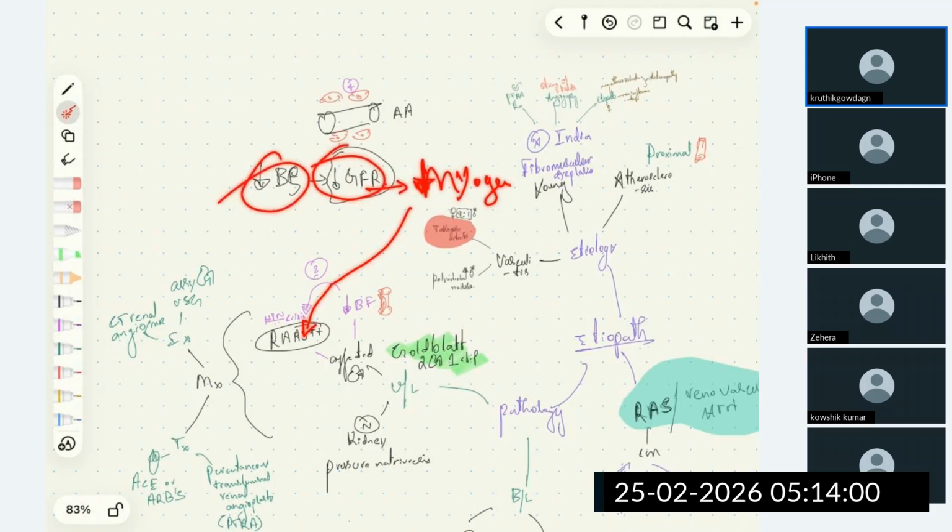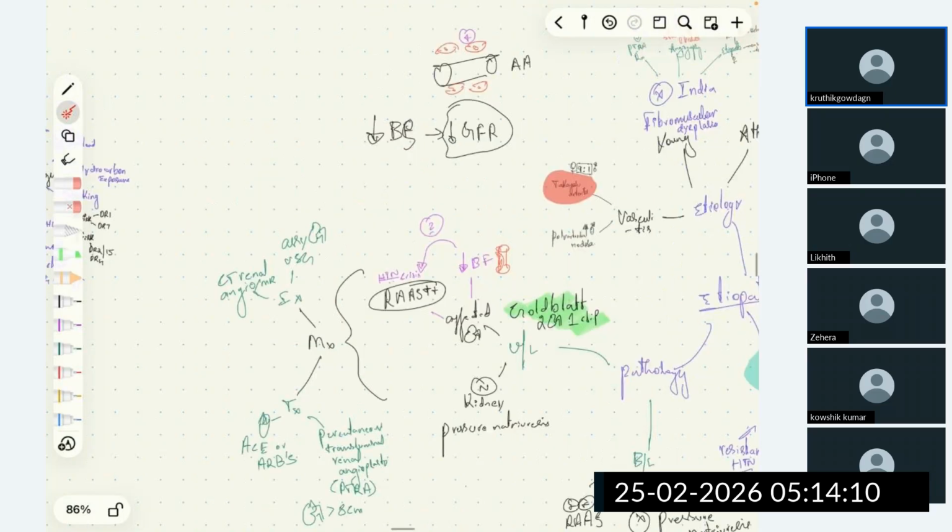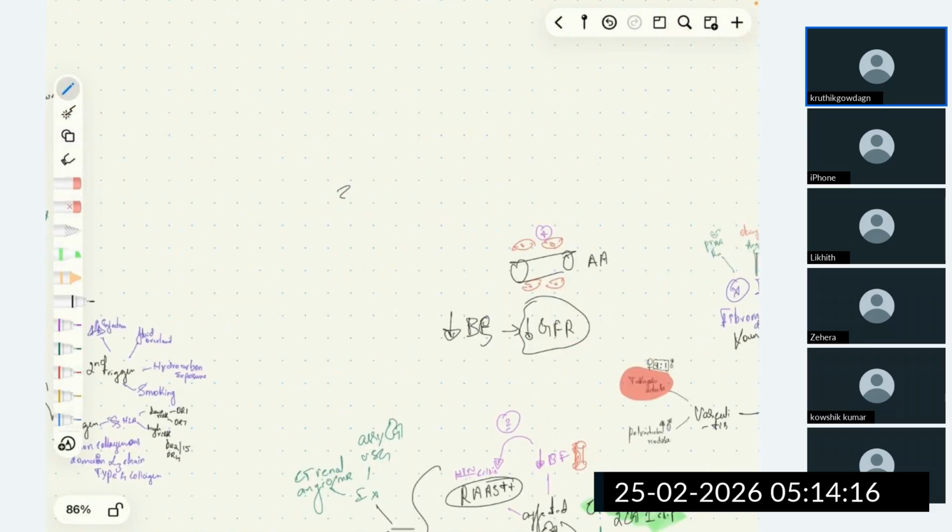The activation of the renin angiotensin aldosterone system will lead to hypertensive crisis. Why does activation of RAS lead to hypertensive crisis? There is increased aldosterone, and also there is increased angiotensin 2. We have two great players here.